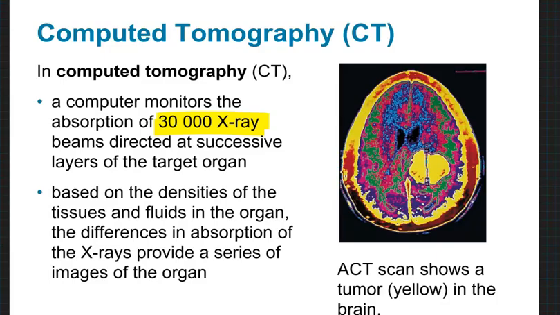They have lower energy than gamma rays because they have lower frequency, but they're still not good; they can cause damage. They are considered a type of radiation. And that's the yellow tumor in the brain. That's a CT scan.